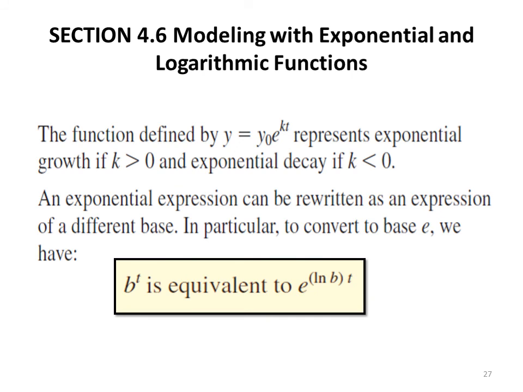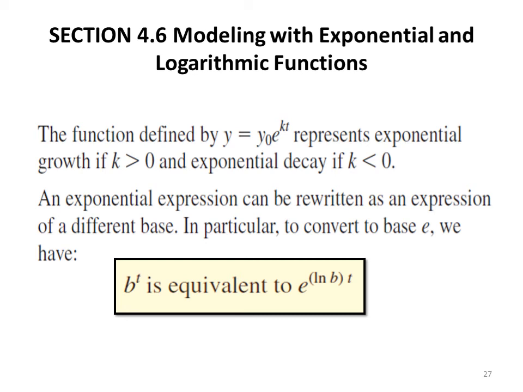The final section, we want to do some modeling using the exponential and logarithmic functions. The function defined by y equals y0 e to the kt represents what we call exponential growth if k is greater than 0.